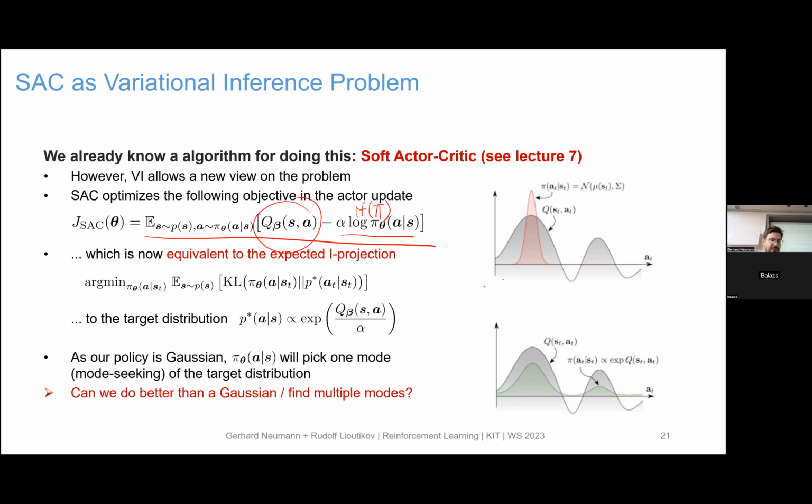Now we can interpret it in this way: this is a projection problem, a variational inference problem, where we want to know the policy pi. We have a target distribution p star, which is the exponential of Q divided by alpha.